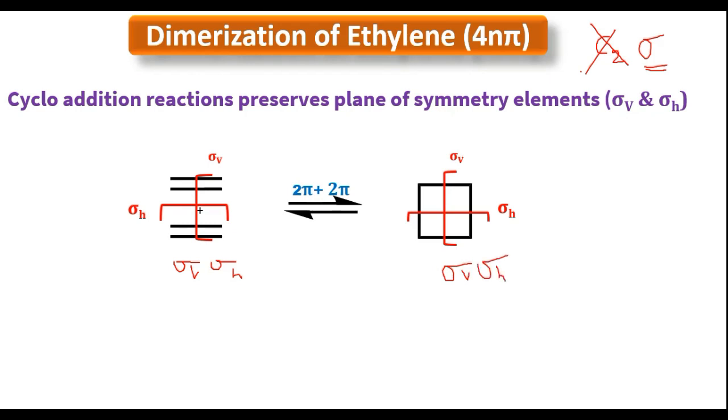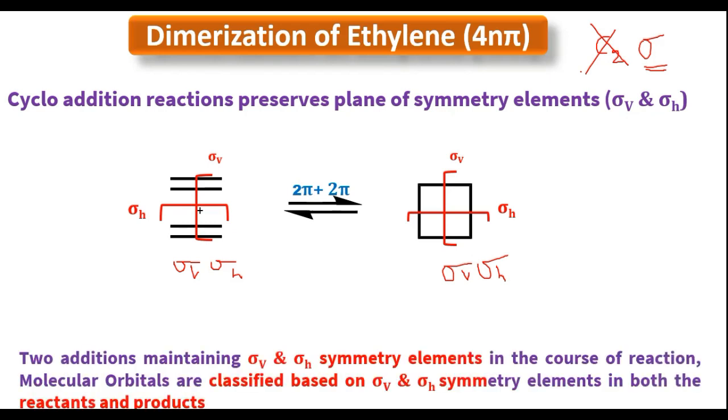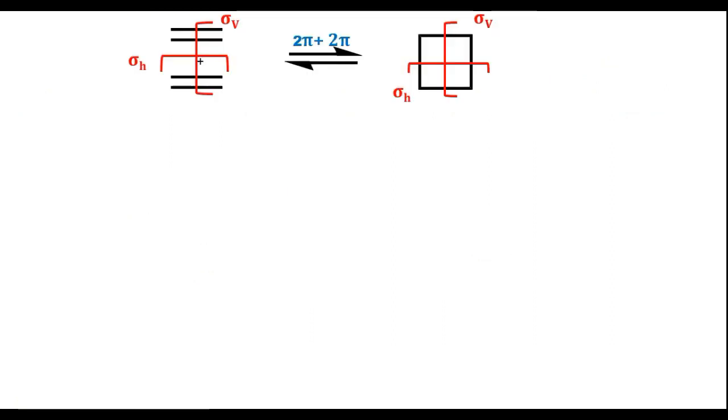That means that in the dimerization of ethylene, both symmetry elements are present throughout the reaction, in the reactants as well as the products. So that's why you have to classify the molecular orbitals of reactants and products based on the sigma V and sigma H symmetry elements. Let's start the reaction. Thermal condition, designation of molecular orbitals.